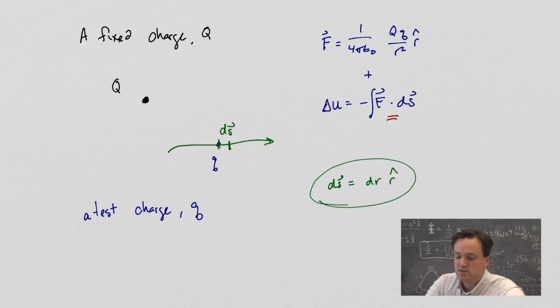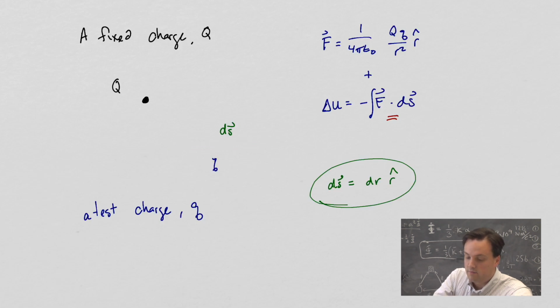Okay. Now this thing here basically says that my ds is only going to be in the direction outward from big Q.